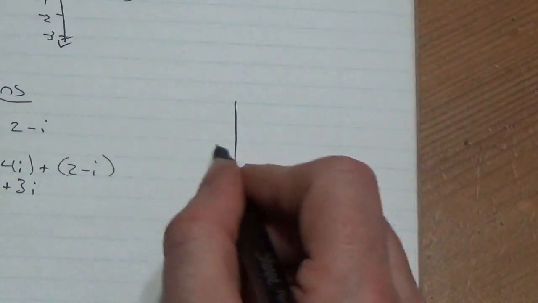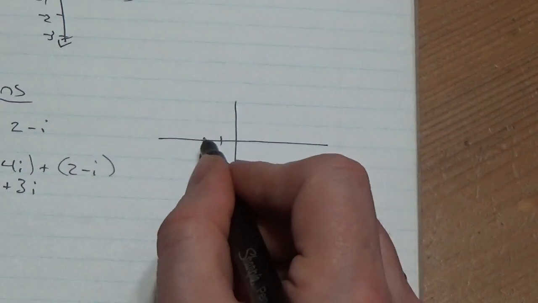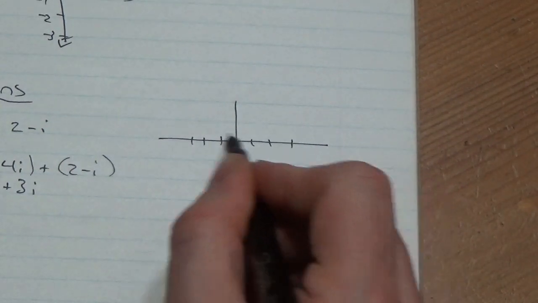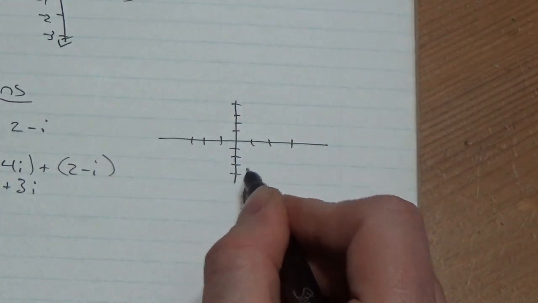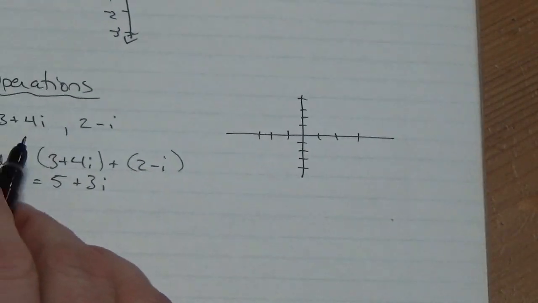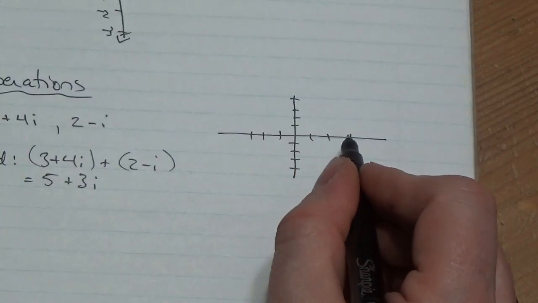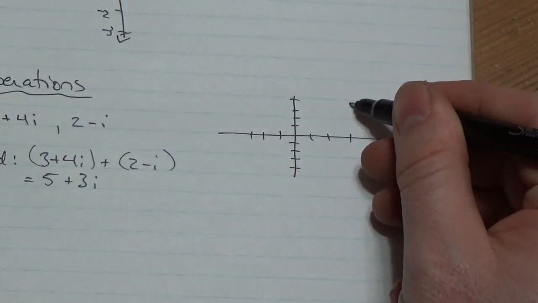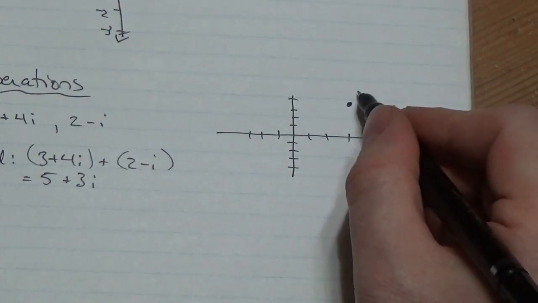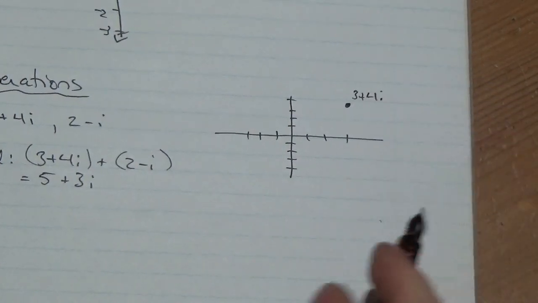Actually, I should just sketch these two for a moment. 1, 2, 3, 1, 2, 3, 1, 2, 3, 4. This first one, 3 plus 4i, will be 1, 2, 3 along the real axis, and then 1, 2, 3, 4 out here. This right here is 3 plus 4i.